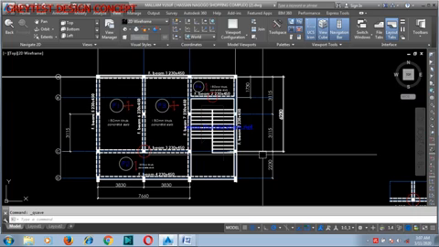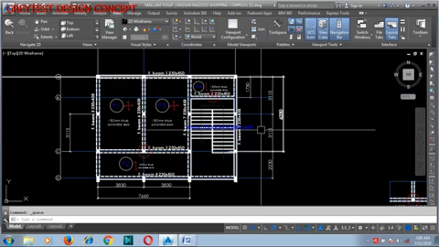Now we are going to distribute the load from the beam down to the column. You can check out those other videos on my YouTube channel, which I'm going to link in the description of this video.